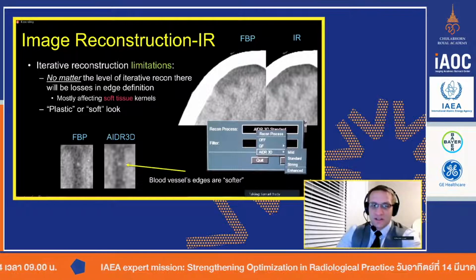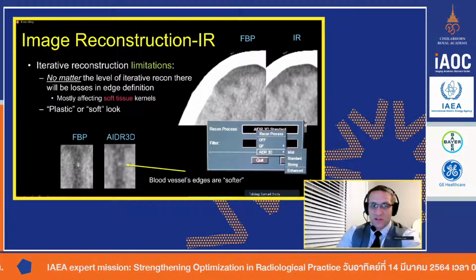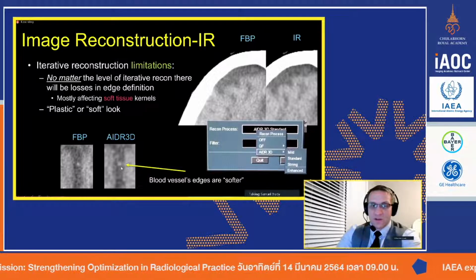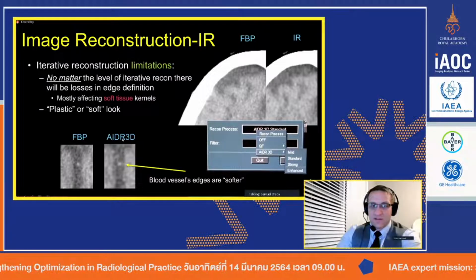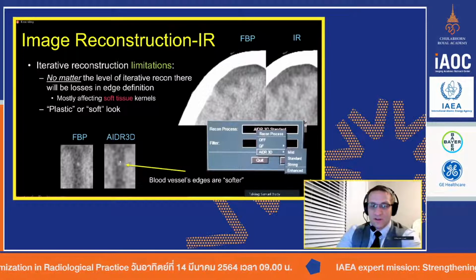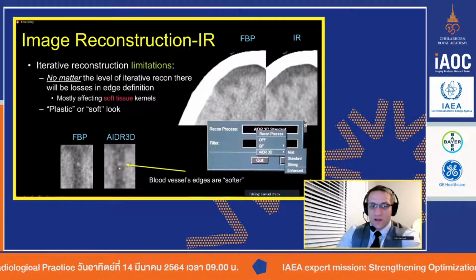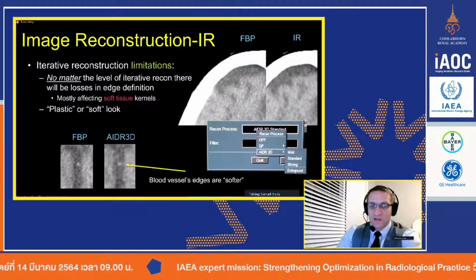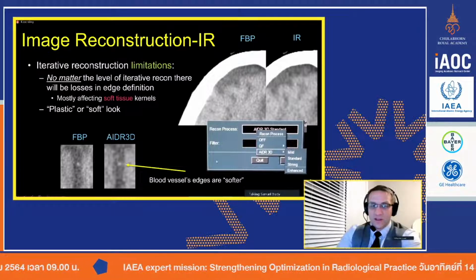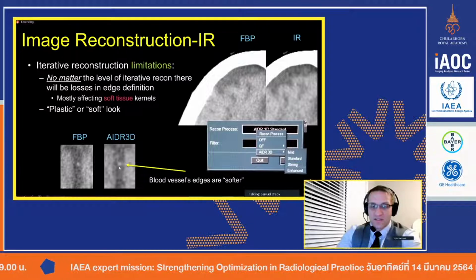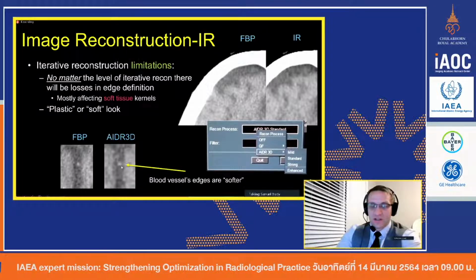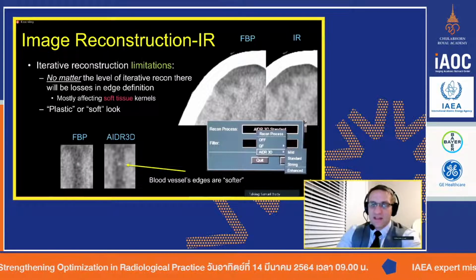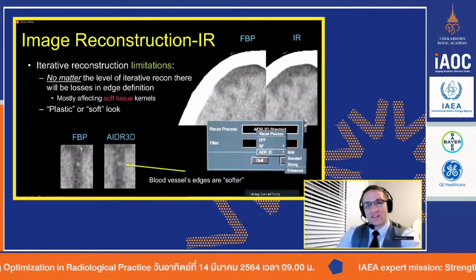But here you can see this little blood vessel here, filter back projected, nice, conspicuous, good, strong edges. And this one has come from our Canon scanner that uses AIDR 3D, which is an iterative reconstruction algorithm. No matter which flavor, mild, standard, strong, or enhanced, no matter which flavor of AIDR 3D, they are all going to have just a subtle blurring of that edge. So when it comes down to it, most head scans are still using filter back projection.